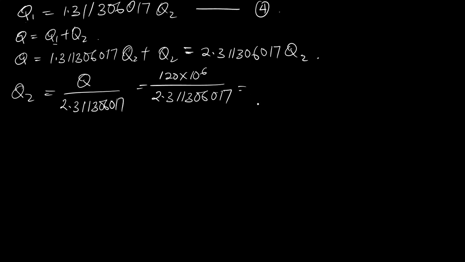So let's now work it out. We say 120 times 10 raised to power 6 divided by 2.311306017 equals, so this will give us what?